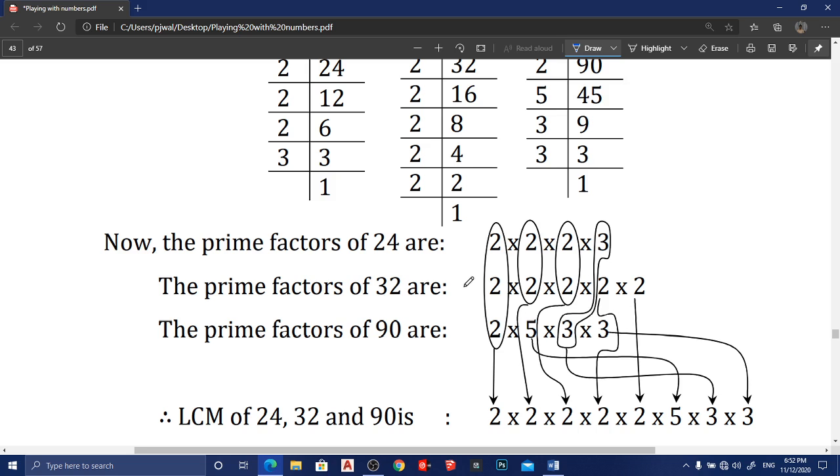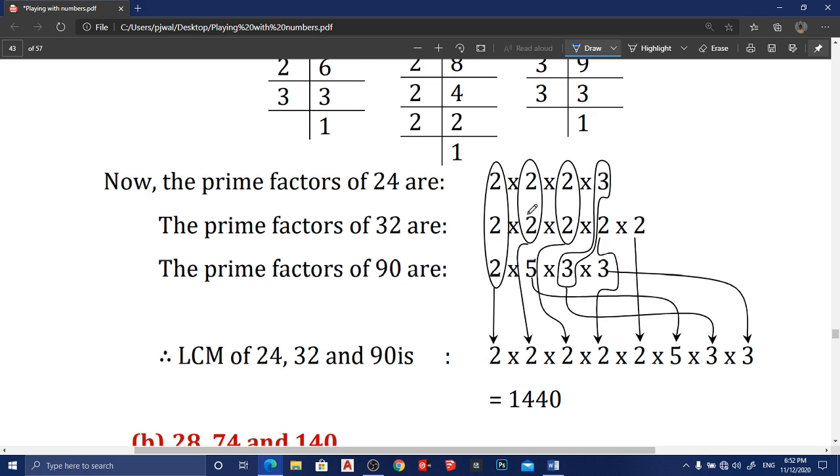Now you round up. First of all, you have to round up all the common factors first. Here 2 is occurring in three lists of the factors. So round up all the three 2s here. Here 2 is occurring in the factors of two numbers only.